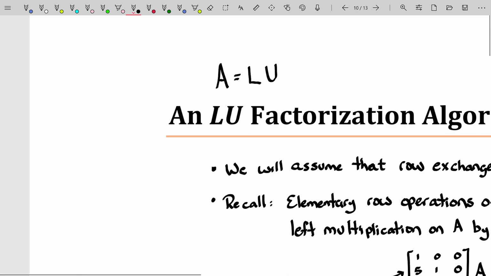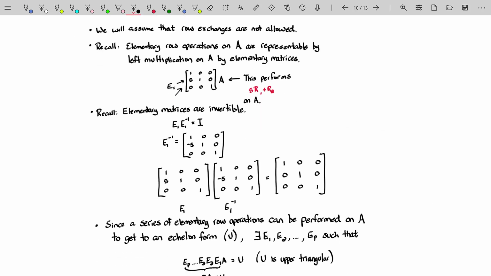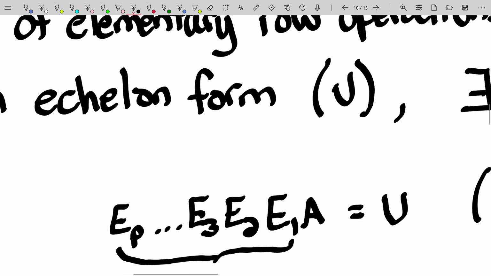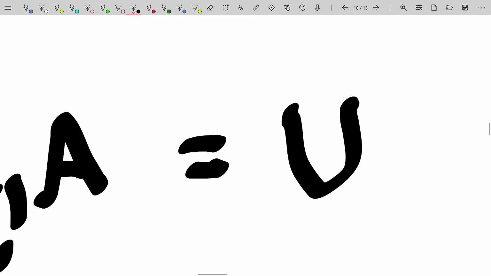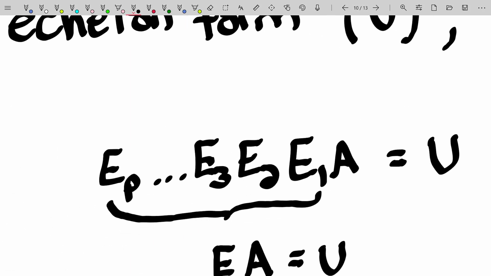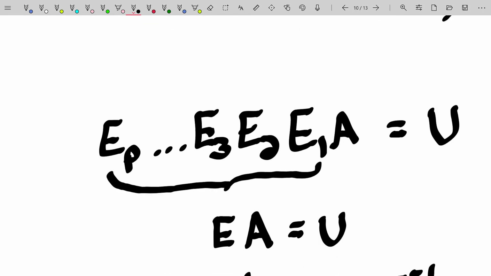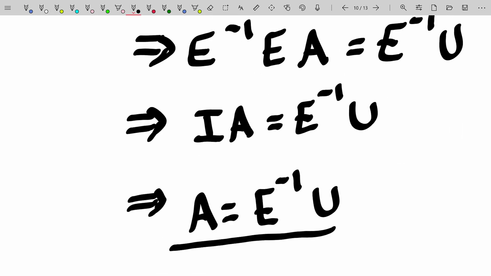And what we have done is we have written that we can transform A via a bunch of elementary matrices and elementary row operations into the upper triangular matrix U. And then we decided to call that collection of elementary matrices E. And then I multiplied both sides by E inverse and arrived at this picture right here.